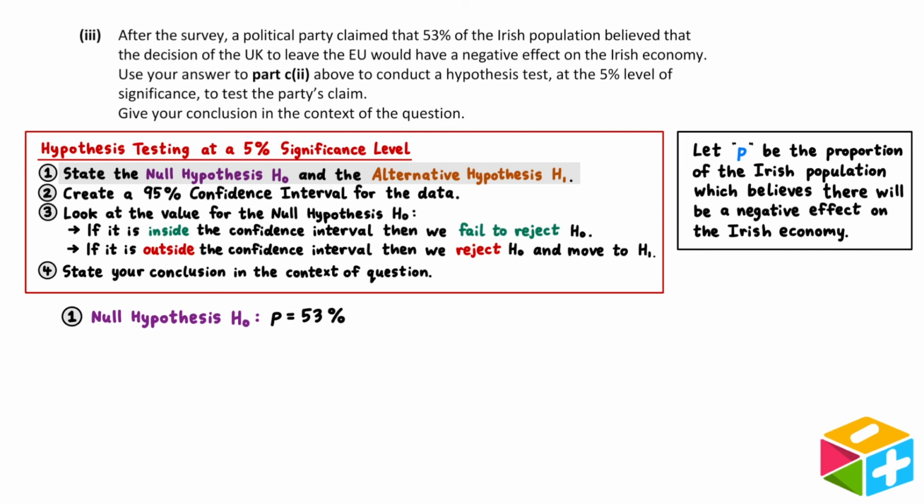The alternative hypothesis represents the alternative options if the null hypothesis is not true. Here, the null says that P is equal to 53%. The alternative is that P is not equal to 53%.